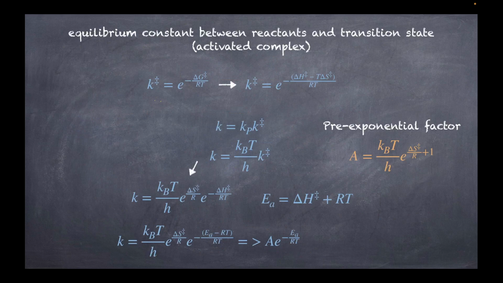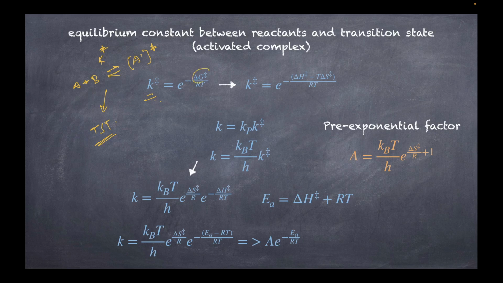Now K double dagger is the equilibrium constant, that means A plus B are in equilibrium with the activated complex. This is the approximation in transition state theory. So this equilibrium constant K double dagger we can express from thermodynamics. We know that any equilibrium constant equals exponential of minus delta G double dagger divided by RT.